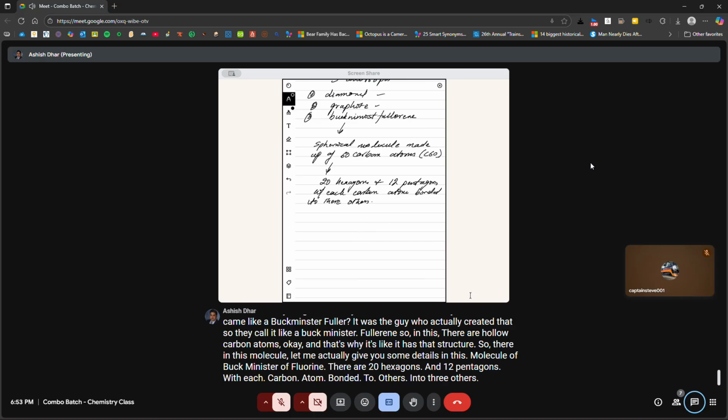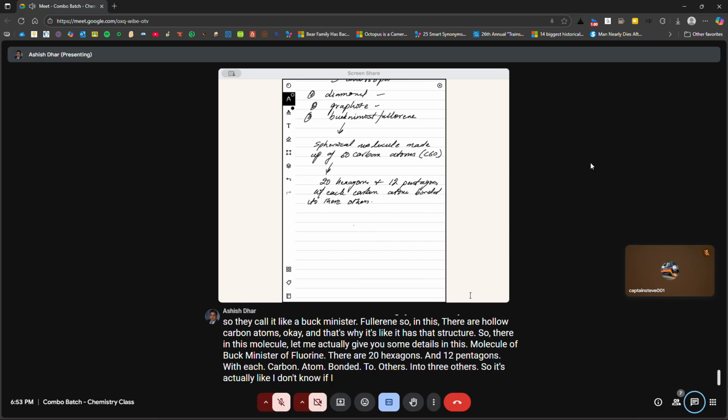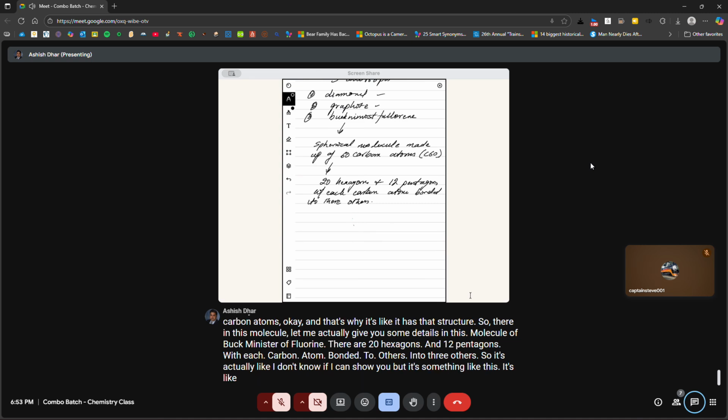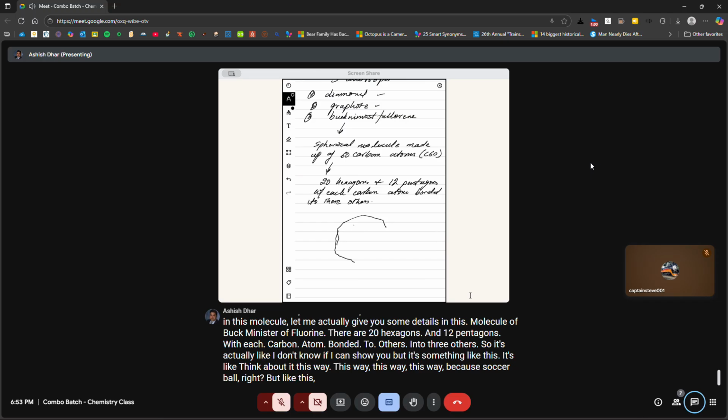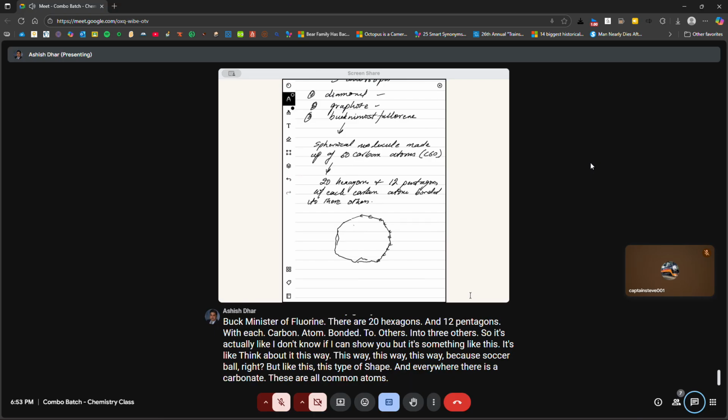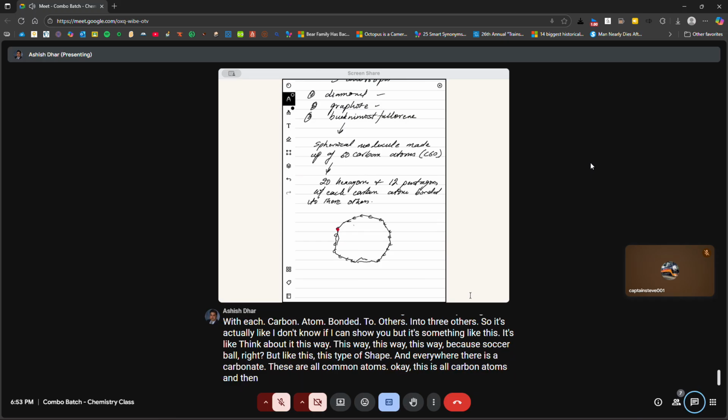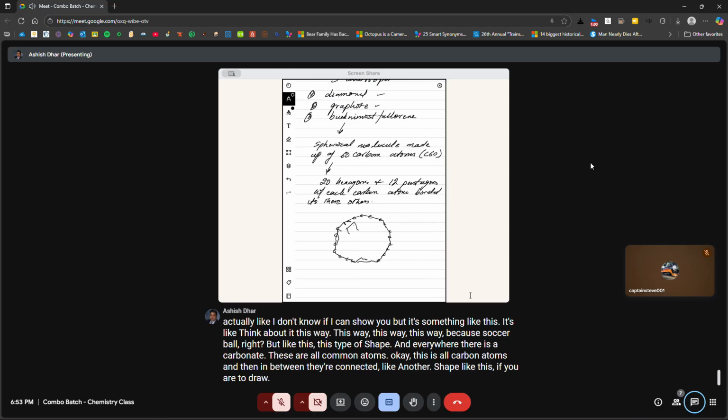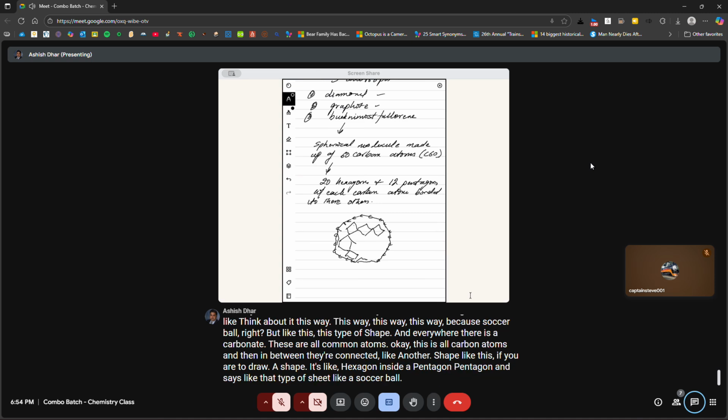I don't know if I can show you, but it's something like this. It's like a soccer ball, right? But with this type of shape, and everywhere there is a carbon atom. These are all carbon atoms, and in between they're connected like another shape like this. If you have to draw it, it's like hexagons next to pentagons, a shape like a soccer ball.